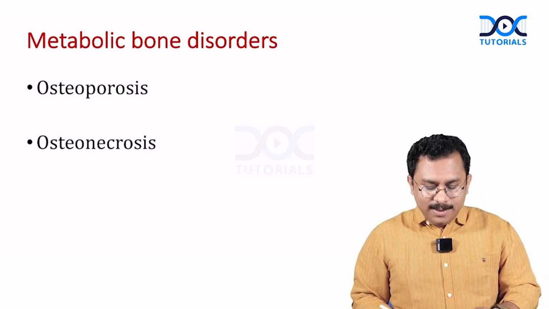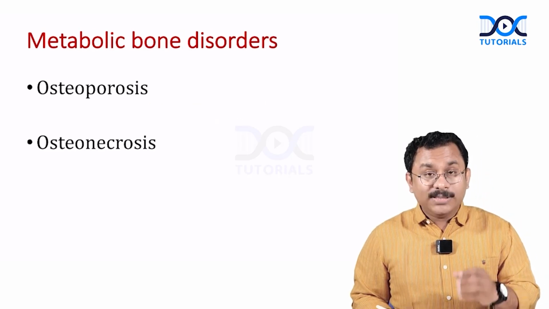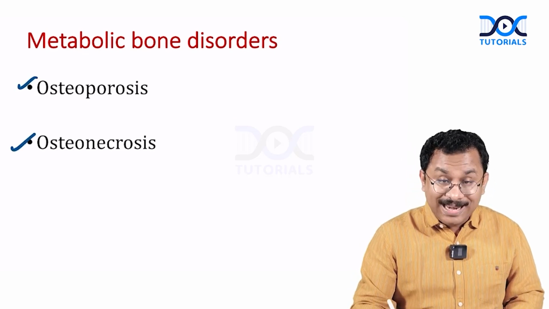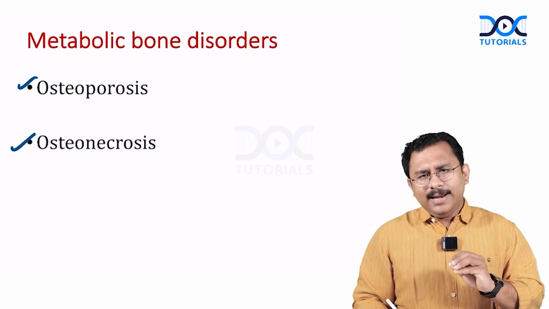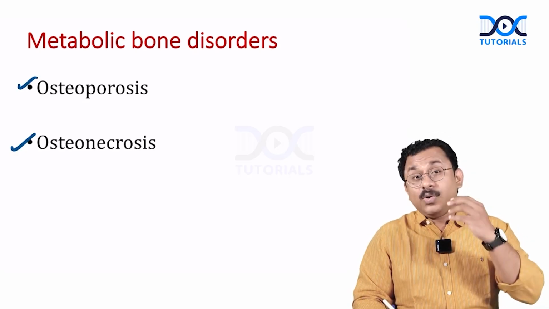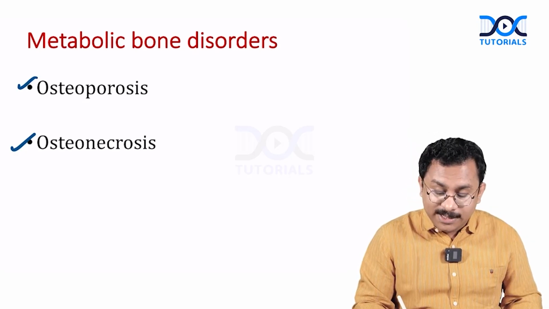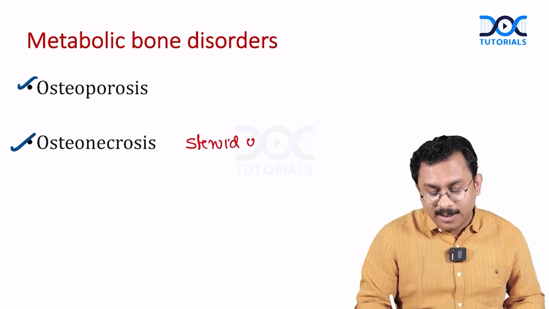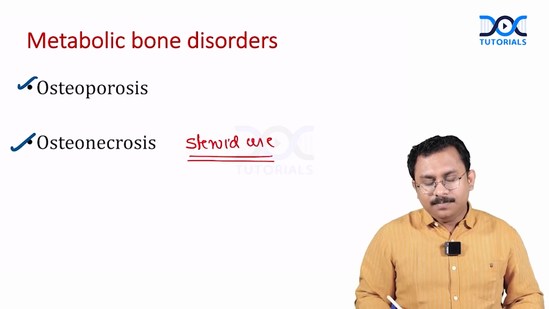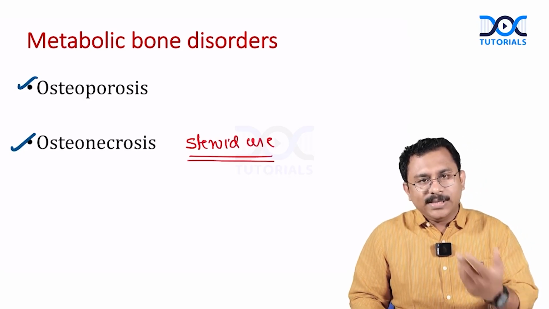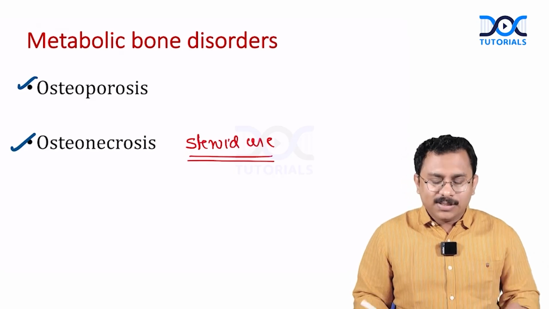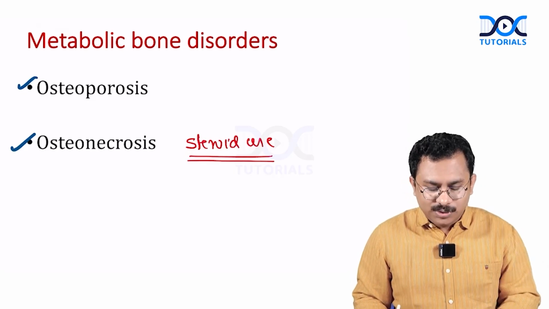Then coming to metabolic bone disorders, you can have osteoporosis as well as osteonecrosis. Osteonecrosis is actually more common in patients with chronic steroid use. You know that in the management of inflammatory bowel disease, we use steroids in certain patients, and those patients are at a higher risk of developing osteonecrosis.